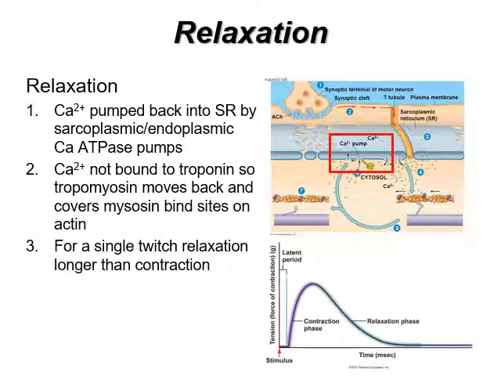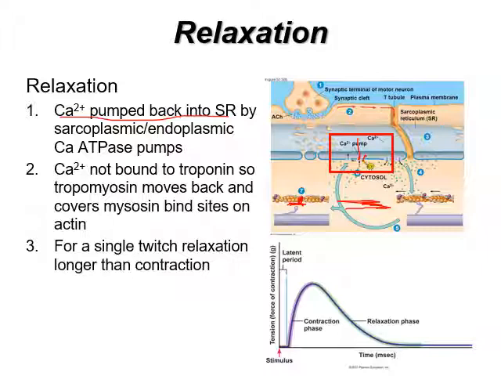If we remove the calcium, then myosin cannot bind to actin. To do that, we have to actively pump the calcium back into the sarcoplasmic reticulum. So the calcium is constantly getting pumped back up into the sarcoplasmic reticulum right here. And now there's no calcium. If calcium's gone from here, we can't bind, and so now the muscle's in relaxation.